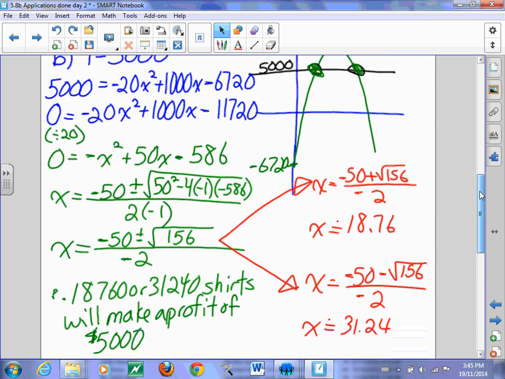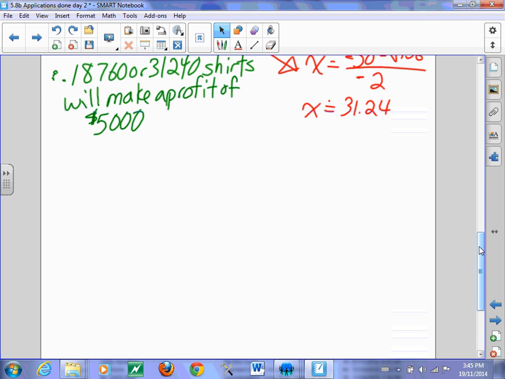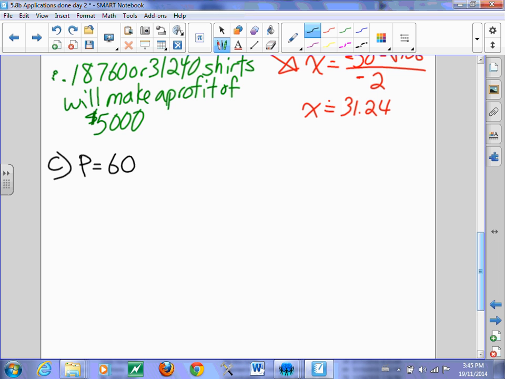All right. Last question. C. C says, will the company make a profit of 6,000? If so, when? So we're going to let the profit equal 6,000. Okay. So taking a look at this, we have our initial quadratic, folks.